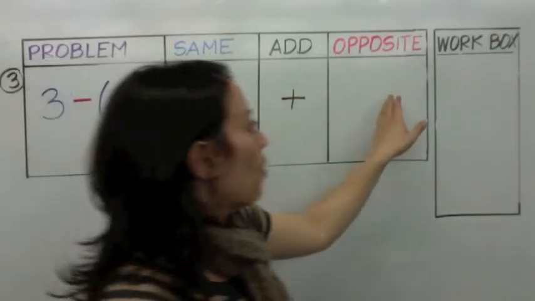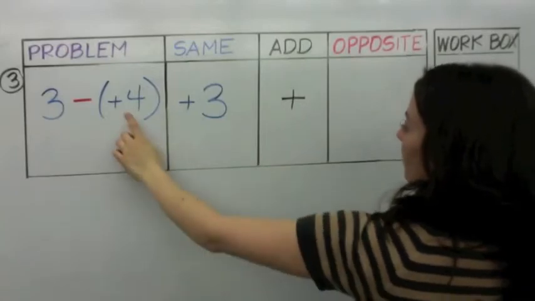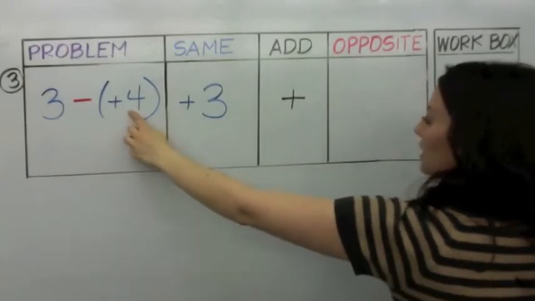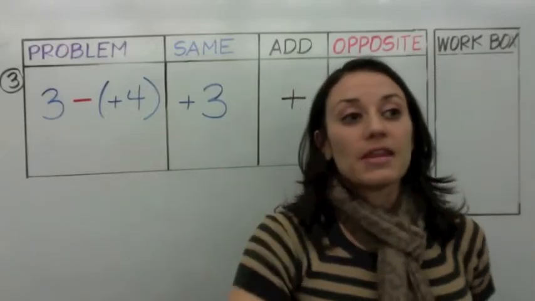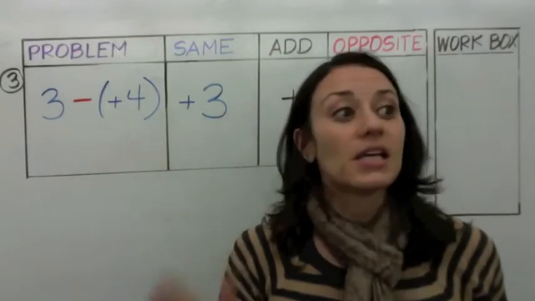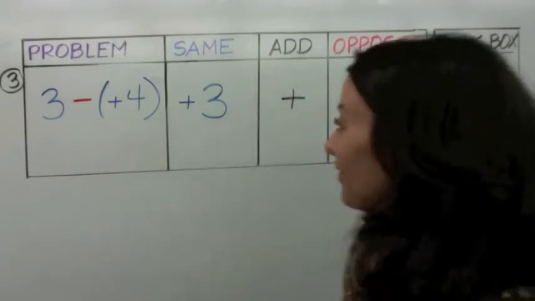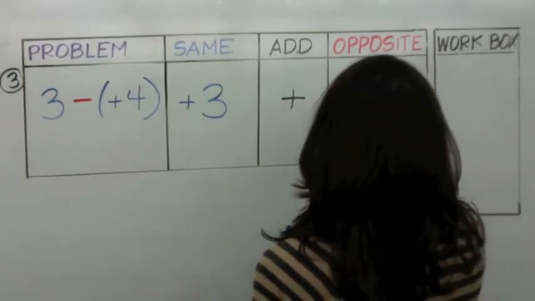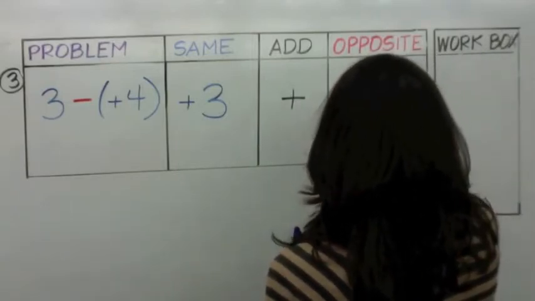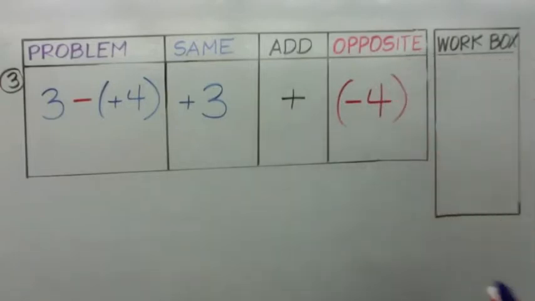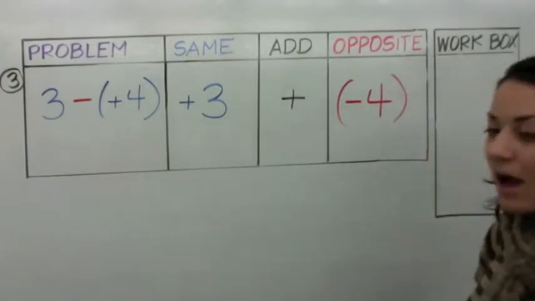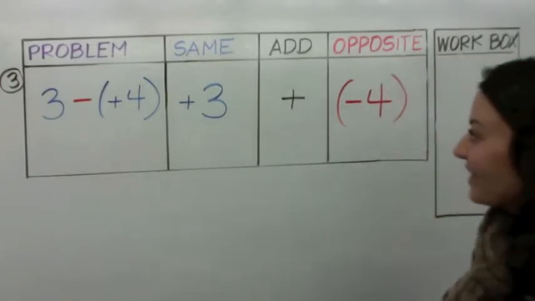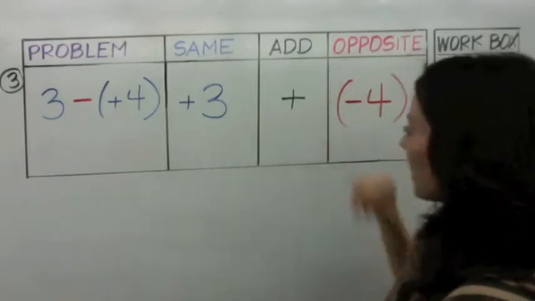And we're going to look at the opposite of this integer, which is the second integer. What is the opposite of positive 4? The opposite of positive 4 is negative 4. Very good. Just change the sign. Okay, and if you would like, you can put that in parentheses. All right? So the new addition problem we have says positive 3 plus a negative 4.